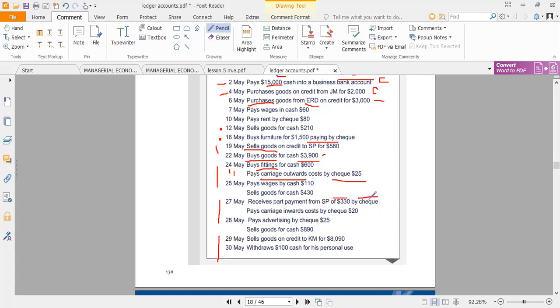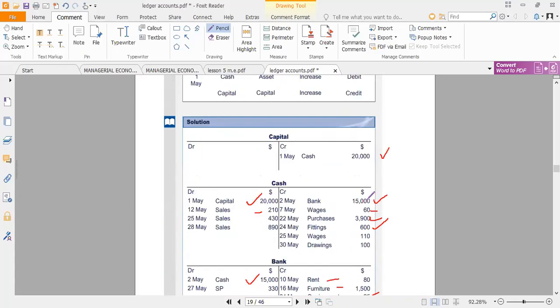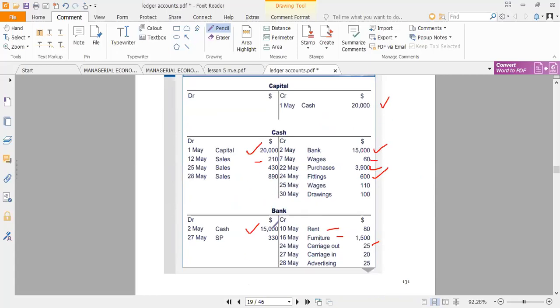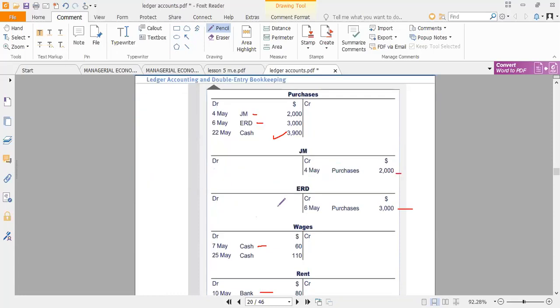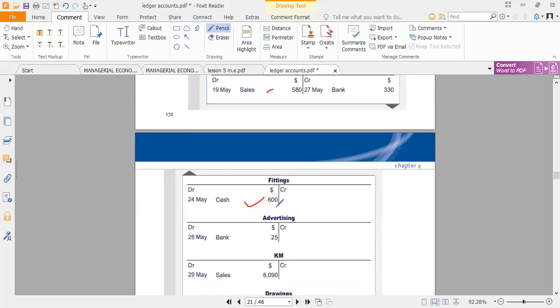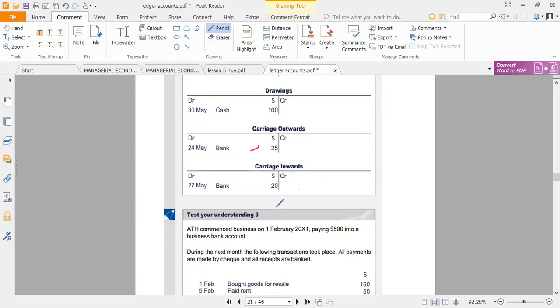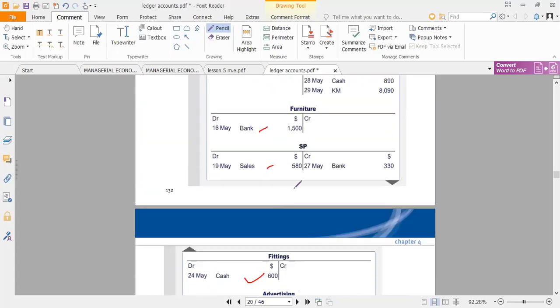So when we go to the bank account 330, we are receiving it, so we debit the bank account with 330 from SP. Then we go to SP account. It was owing us how much? SP account was owing us 530. So instead of subtracting 530, the way we do in accounts, we put it on the opposite side so that it will be reducing this amount. So here we write bank 330.